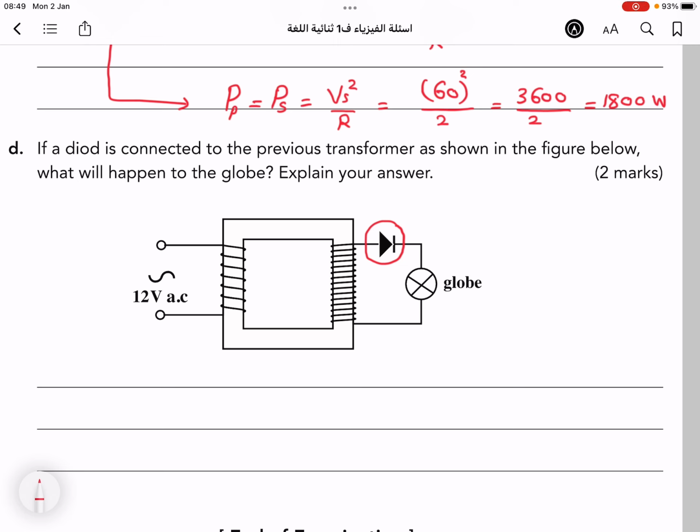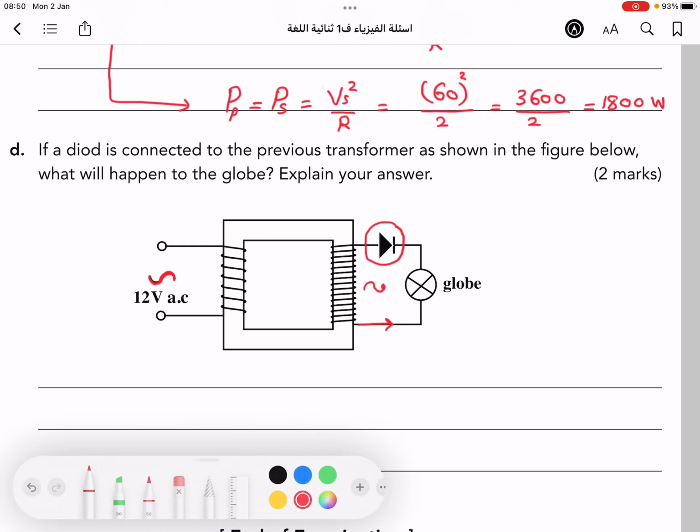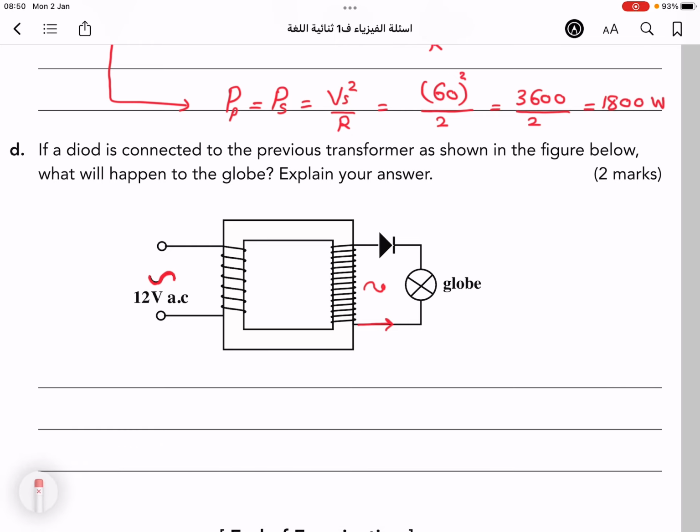because as long as here I have an alternating current, I have also an alternating current in the secondary coil. That means at a time the current comes from this side, and after half a period the current comes from that side.